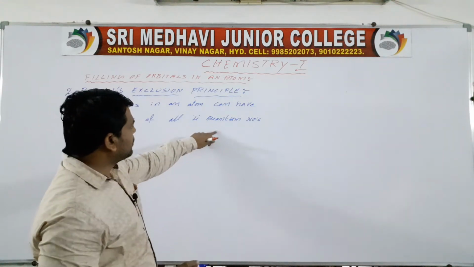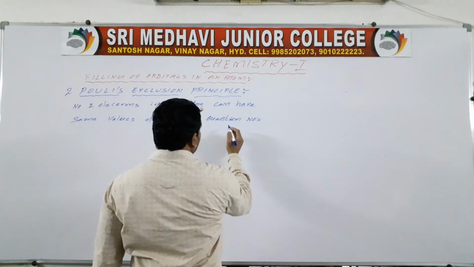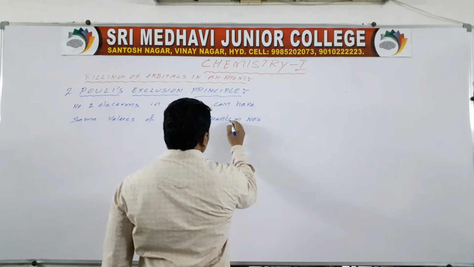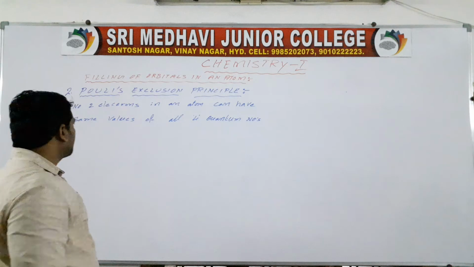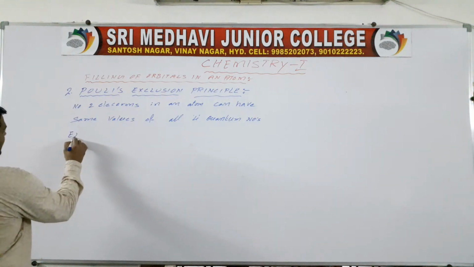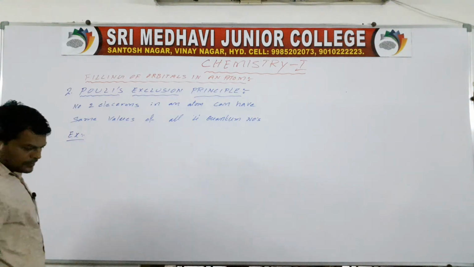Same values of four quantum numbers. It is nothing but Pauli's exclusion principle. I will explain with the help of an example.